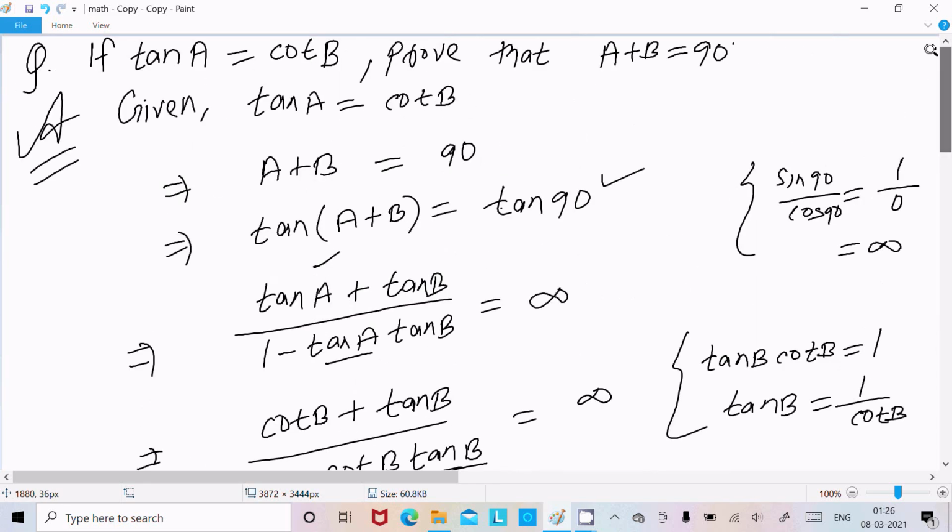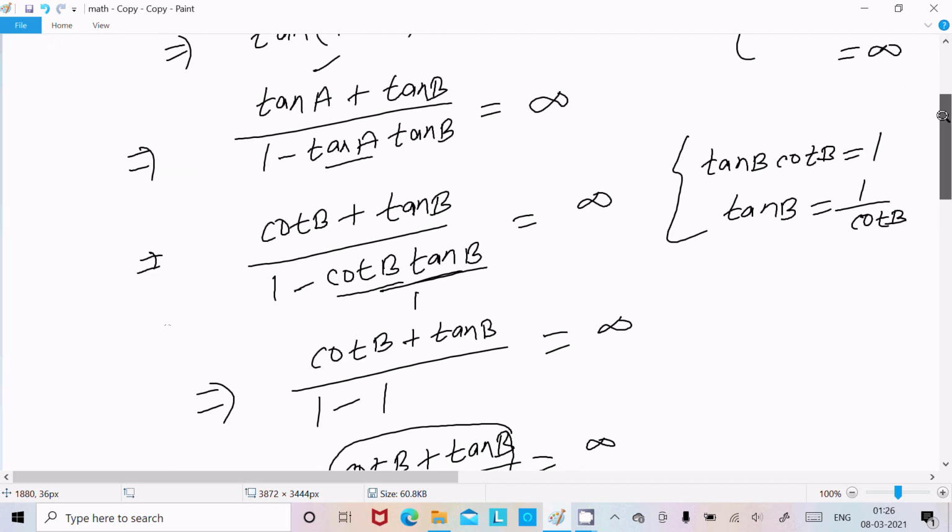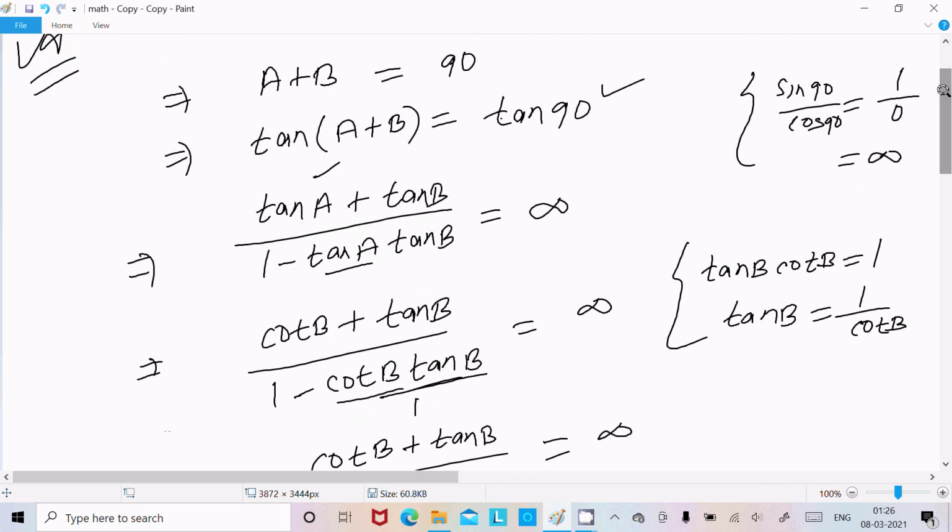So this is an important question that was asked in the matriculation 10th examination. The main purpose of this question is to know about the tan(A + B) formula. Thereafter you need to know about the tan 90 degree value. If you know it is infinity, it's okay. If you don't know, then break into sin and cos.